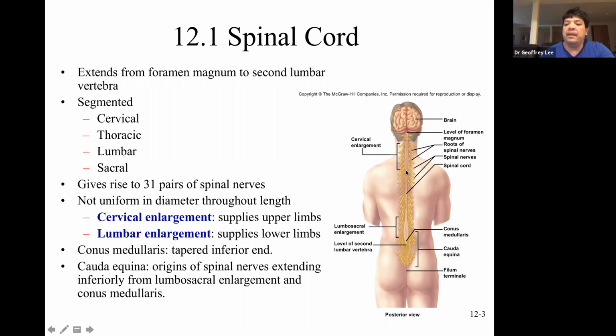At the same time, in the thoracic region, the spinal cord is really narrow, very small. The difference is this, and this is why, right? In the cervical region, you're gonna have your arms. So you're gonna have a lot of information coming in from your upper extremities, from your fingertips. You have a lot of sensitivity there.